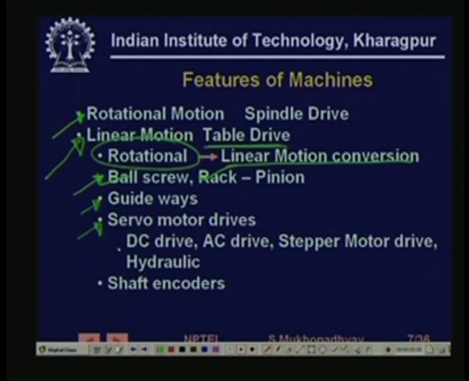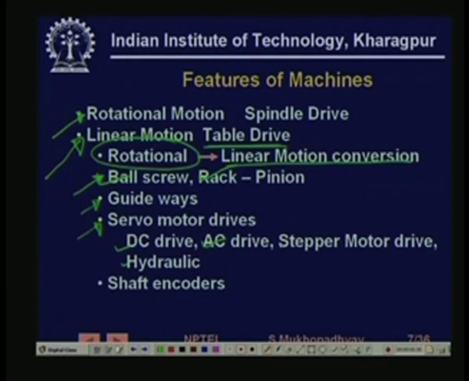They have to start and stop at the right moments, and sometimes even speed ratios have to be maintained along the two axes for cutting things like cylindrical surfaces, or cutting corners. So, we employ servo motor drives, DC drives, stepper motor or AC drives. For very large machines you can have hydraulic drives also, but generally we employ DC and AC drives.